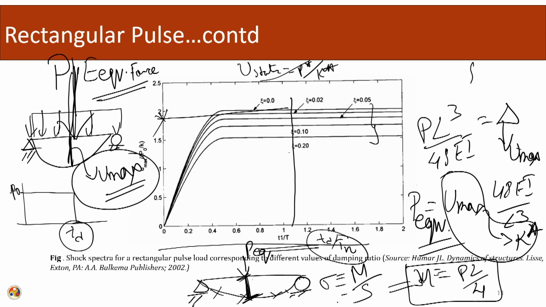M over S will be my bending stresses. So using the concept of equivalent static force applied to these equations, I can calculate all the quantities of the response. This way we can solve for the maximum displacement, evaluate our maximum bending moment, calculate the maximum bending stresses, and so on and so forth.